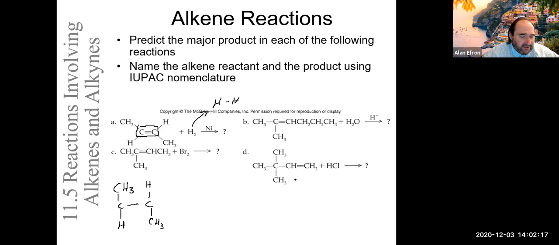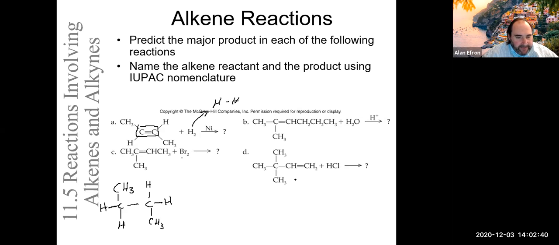And this is a symmetrical addition, which means we can't mess it up. We just need to put an H on one and an H on the other, and that would be it. Again, basically the double bond becomes a single bond, and you add both things in, one to each of the carbons in that double bond originally there. Any questions on that one?